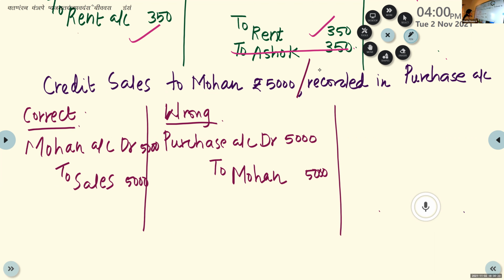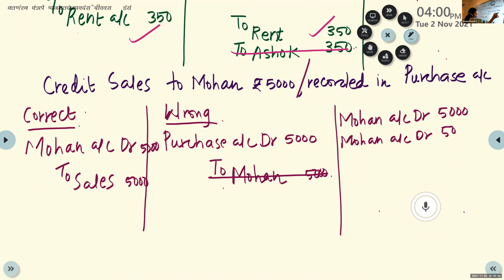Right? Mohan was credited, it should be debited. Mohan account debit 5,000. Then here we have a Mohan credit. It should be cancelled. So again, actually Mohan account debit 5,000 cancellation.